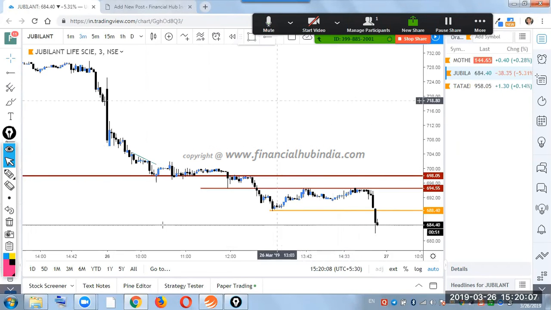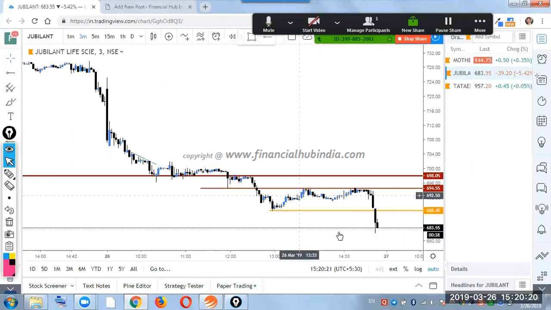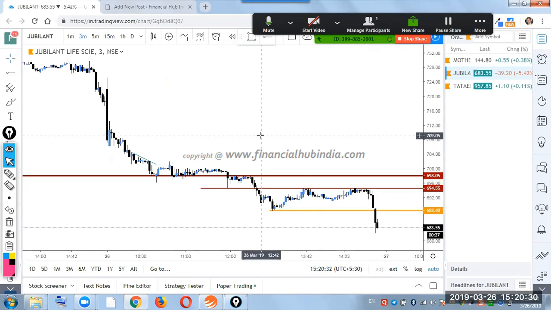Now if we see Nifty today, Nifty is closing on its day's high, so irrespective of the index momentum, very strong momentum in Nifty towards the upside. The stock didn't respond to Nifty, so that's also a lesson for the people. I know a lot of people have a very general query: when you are trading a stock intraday especially, should you keep an eye on the index?